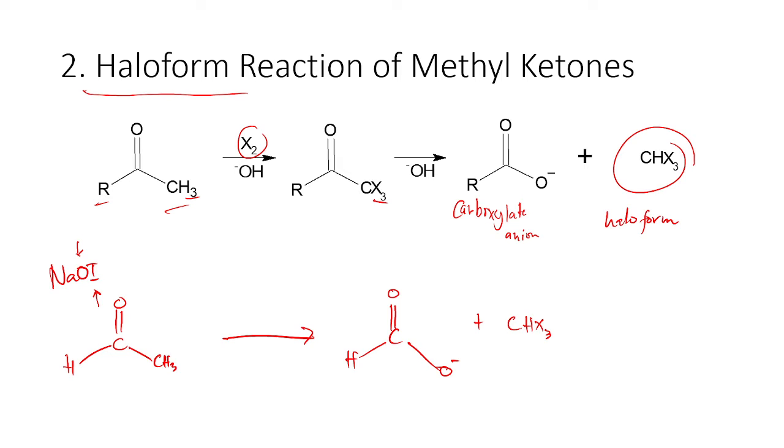Pwede rin naman mangyari ang haloform reaction sa ating mga alcohols. So by alcohols, if we have secondary alcohols, it can also happen wherein our alcohol is located at the second carbon atom, wherein halimbawa, ito yung ating alpha carbon.